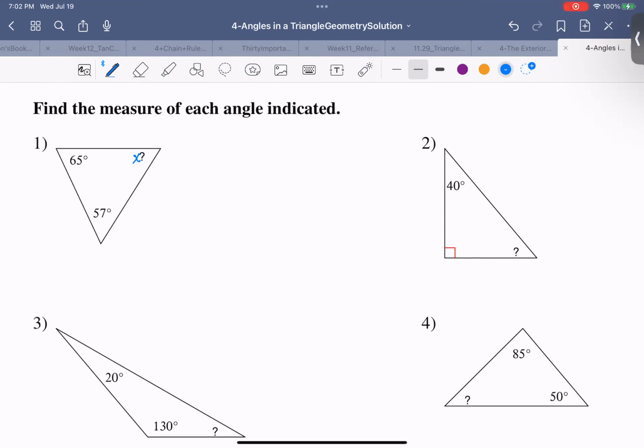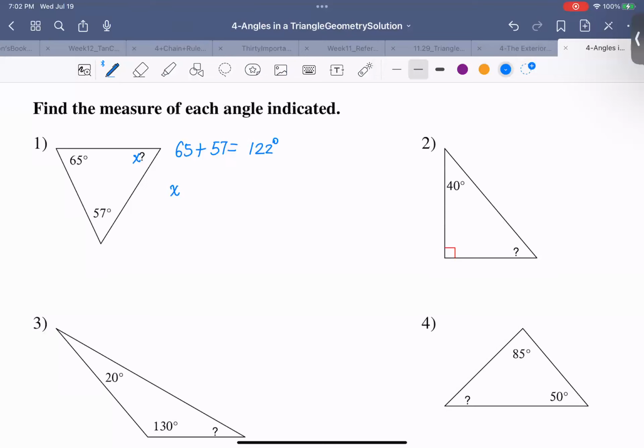The angles of a triangle add up to 180. So we do 65 plus 65 plus 57, and that equals 122.